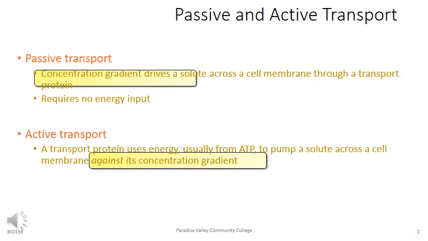As I mentioned, there are two types of transport mechanisms, and this is in regard to materials, elements, molecules, ions, those kinds of things moving into and out of the cell. We've got the passive transport mechanism, where the smaller molecules can move from an area of high concentration to an area of low concentration, whichever way in or out of the cell that may be.